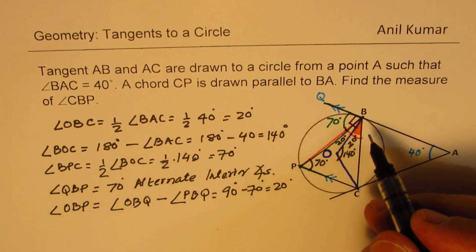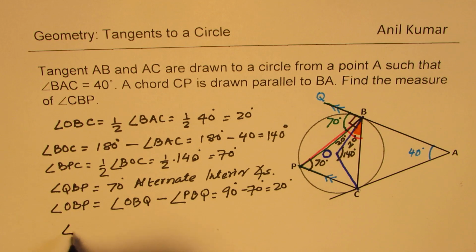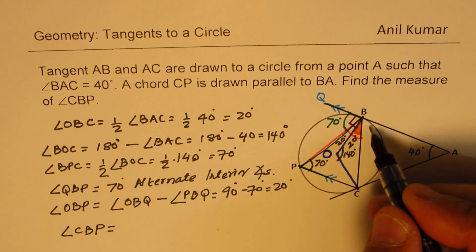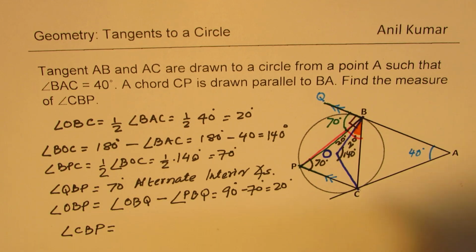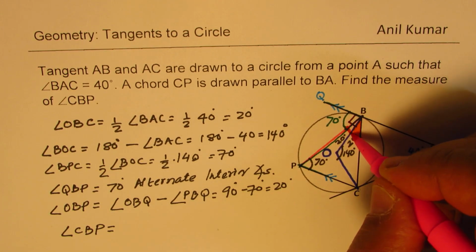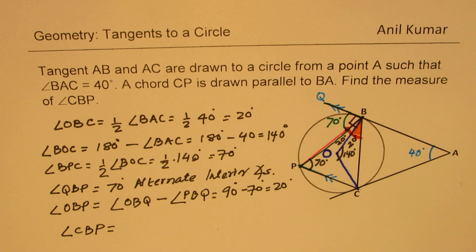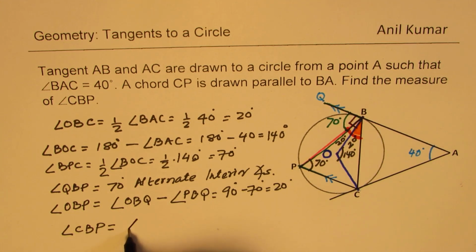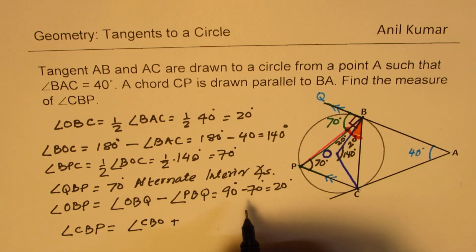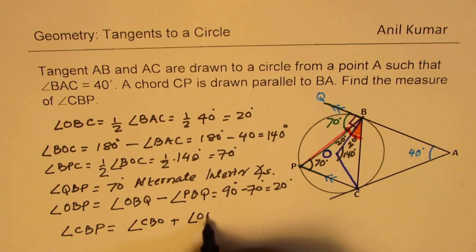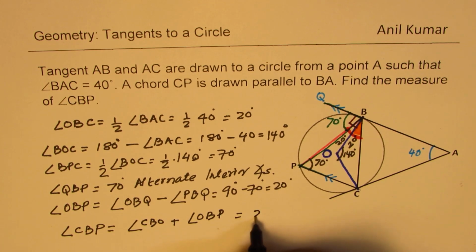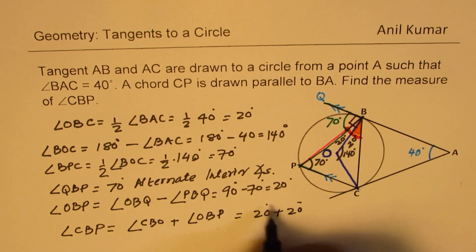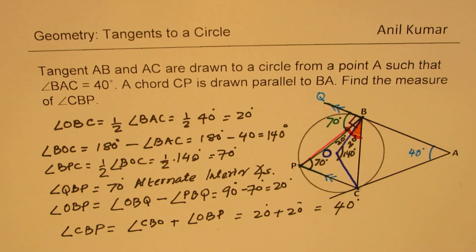Got it? What do we need to figure out? What is angle CBP? So CBP is the big angle which we really want to find. That angle is the sum of these two, which is 20 plus 20. So CBP is equal to the sum of angles CBO plus OBP, which is 20 plus 20 degrees, which equals 40 degrees.